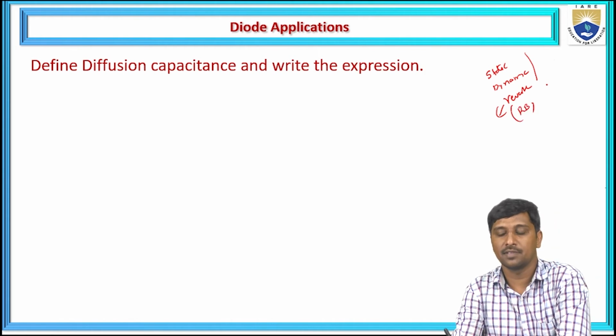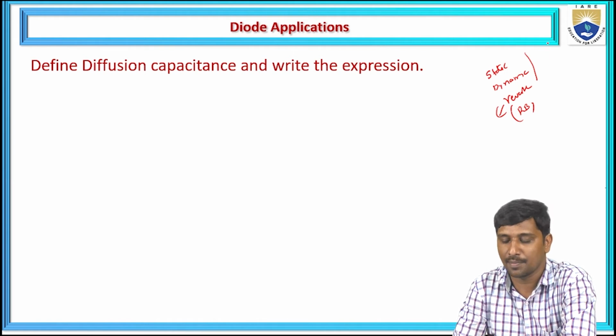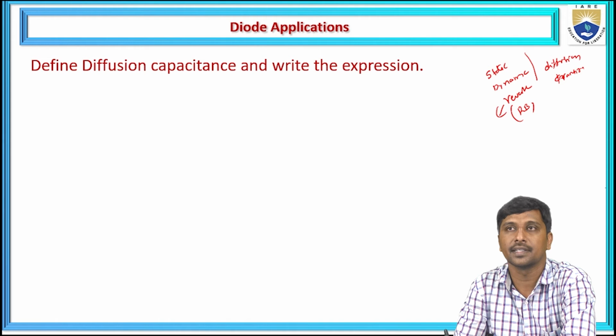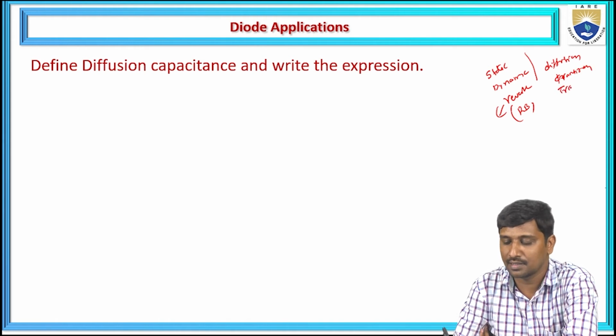When the PN junction is reverse biased, it offers a resistance called reverse resistance. Similarly, due to this biasing condition, the diode also acts as a capacitance, and those capacitances are the diffusion capacitance and the transition capacitance.